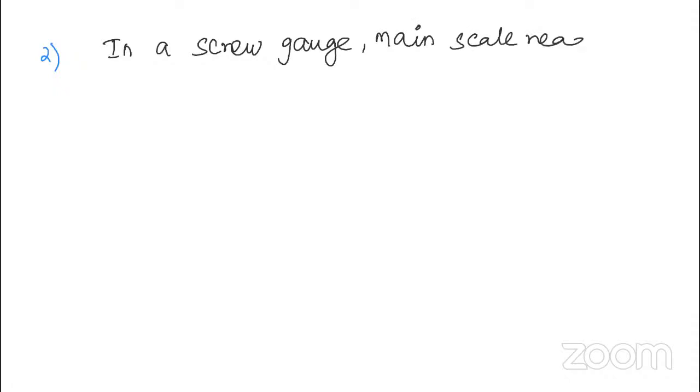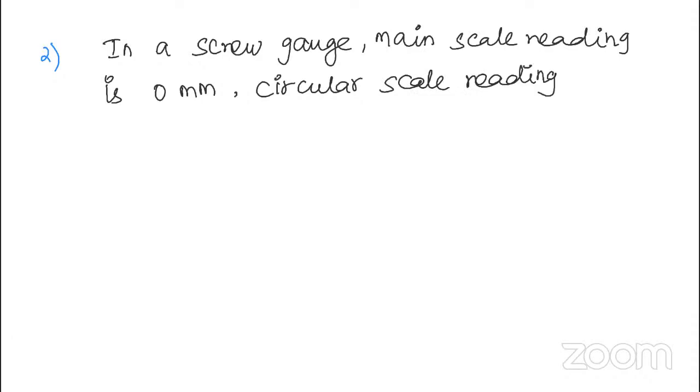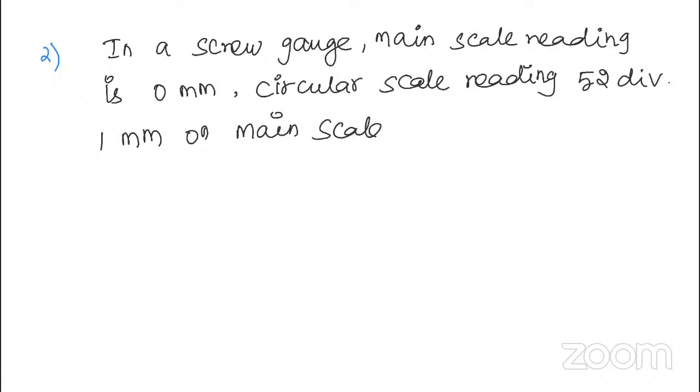In a screw gauge, the main scale reading is 0 millimeter, and the circular scale reading is 52 divisions. 1 millimeter on the main scale corresponds to 100 divisions on the circular scale.